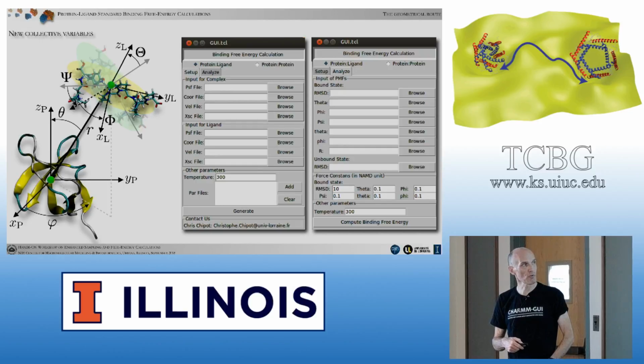You have to provide also the force constants, which will be used for the post-treatment. You remember these convoluted configurational integrals. You need to specify what were the force constants that you added to restrain your ligand positionally, orientationally, and conformationally, and the temperature, and it will compute the binding free energy for you, and the job is done.